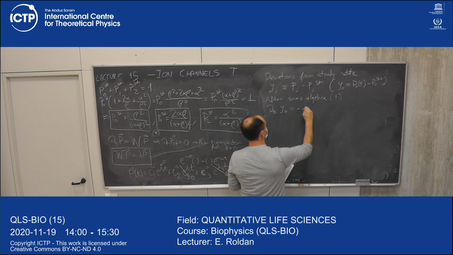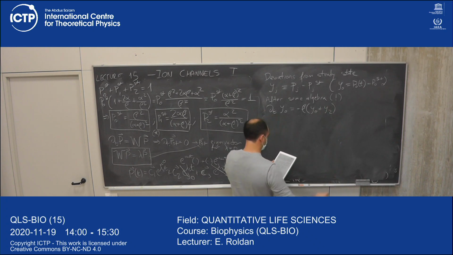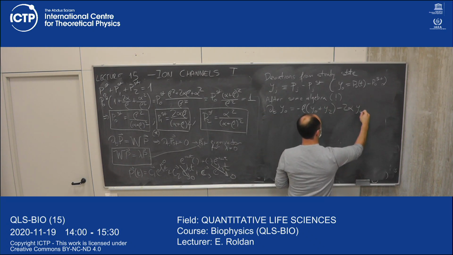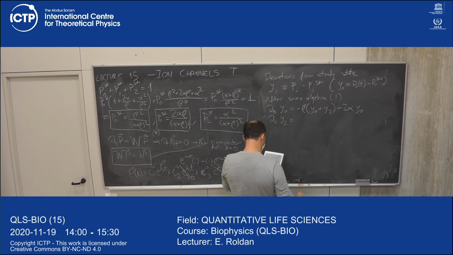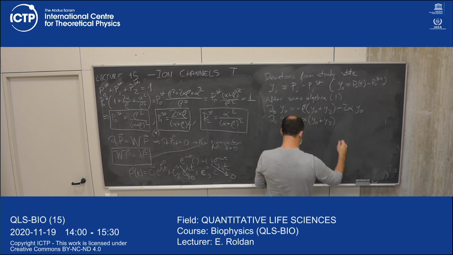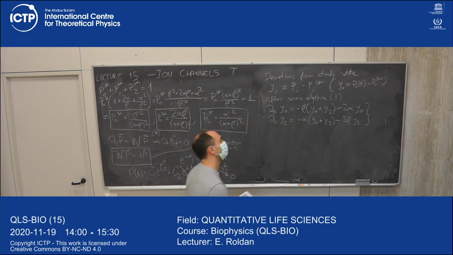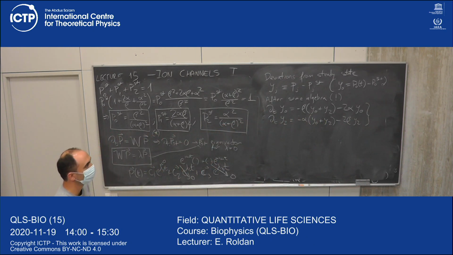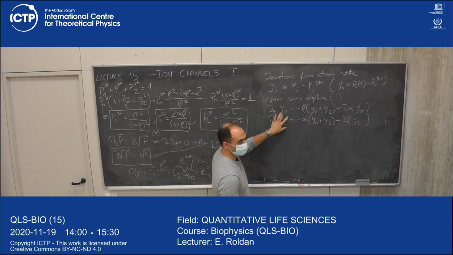So this is the equation you get. This is the deviation of P0 at time t from the stationary state, and this is the deviation of P2 from its stationary state.